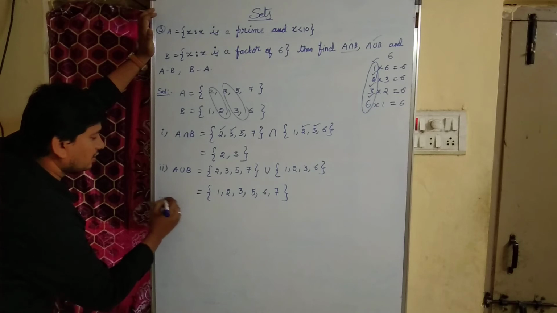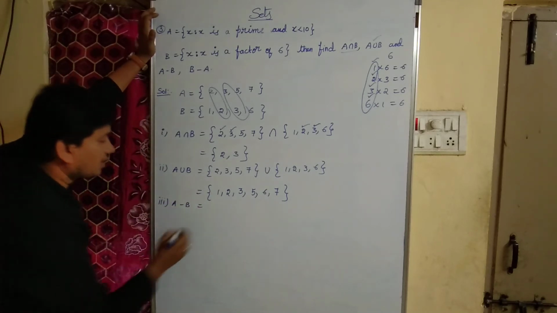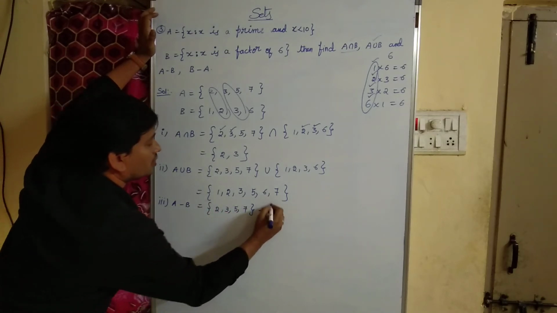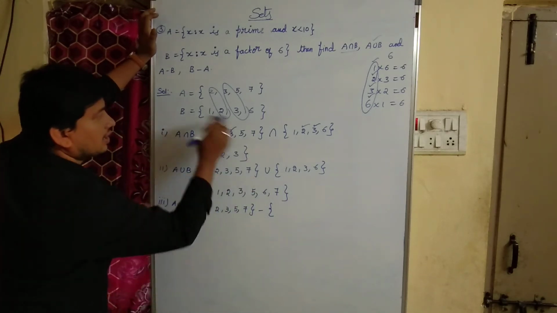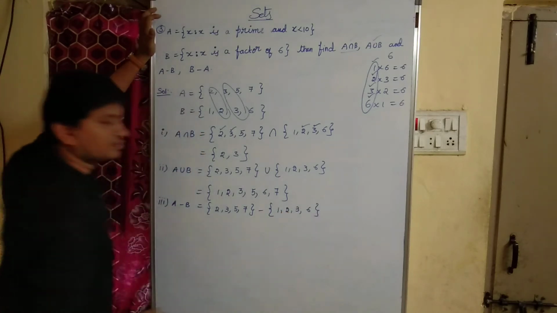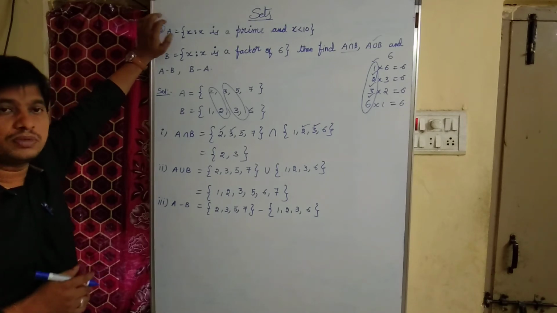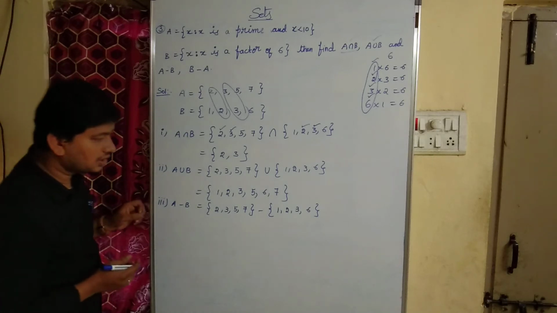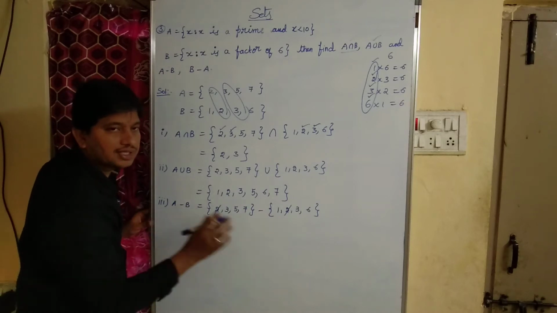Now coming to the third one, A minus B, the difference between set A and set B. Set A consists of elements 2, 3, 5, 7, minus set B elements 1, 2, 3, 6. Listen here children carefully. A minus B means only elements in set A. See here, as the element 2 is repeating, we need to cancel.